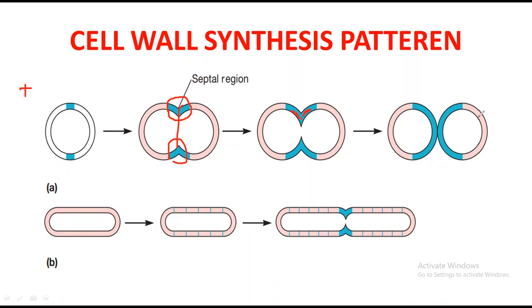After that, half of the peptidoglycan layer is new. This was the old one, and this is the new one. Half of the new peptidoglycan layer is received by one cell and half is received by the other cell.